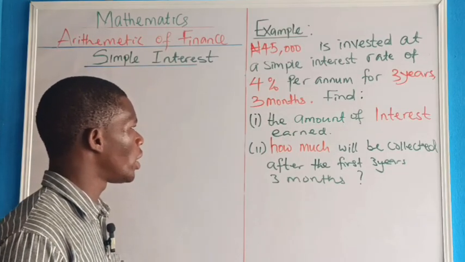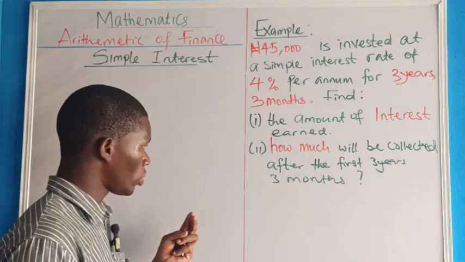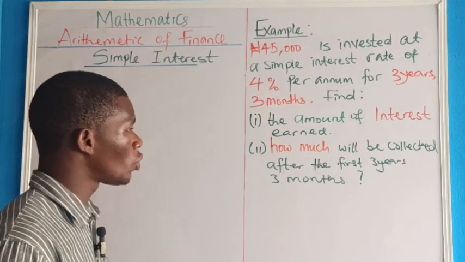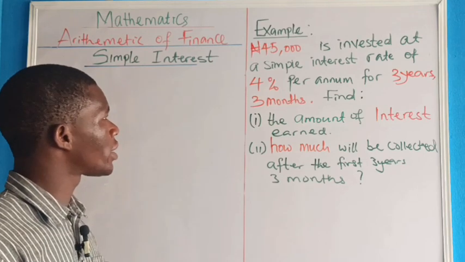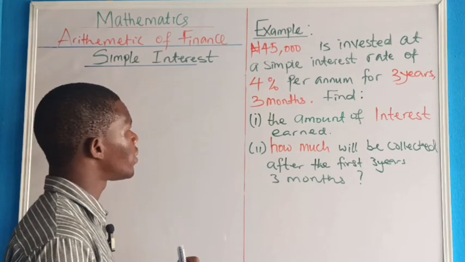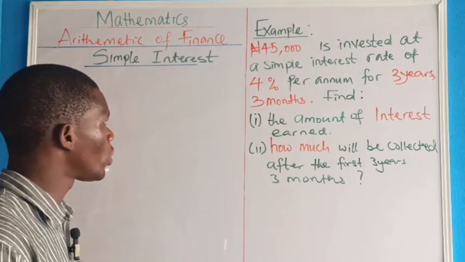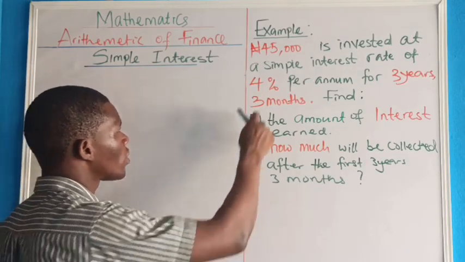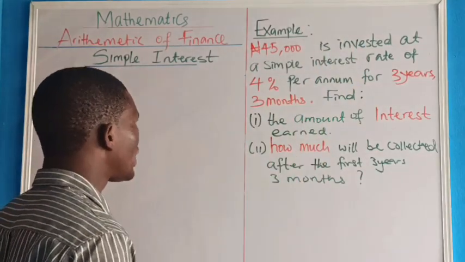Find one, the amount of interest earned, and two, how much will be collected after the 3 years, 3 months. The ones written in red ink are the points we need to look into.